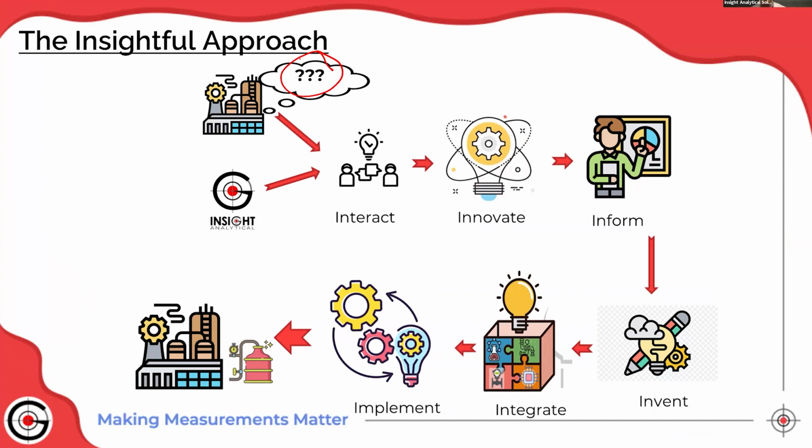So we like to get involved with people that are looking for new solutions, interact with them, talk about what their problems are, what they're trying to solve, what the value of the measurement would be, innovate and think about ways we could possibly try to solve it, inform them and give them a number of options, work together with them to figure out what might be the best option, invent or develop things as we need to.